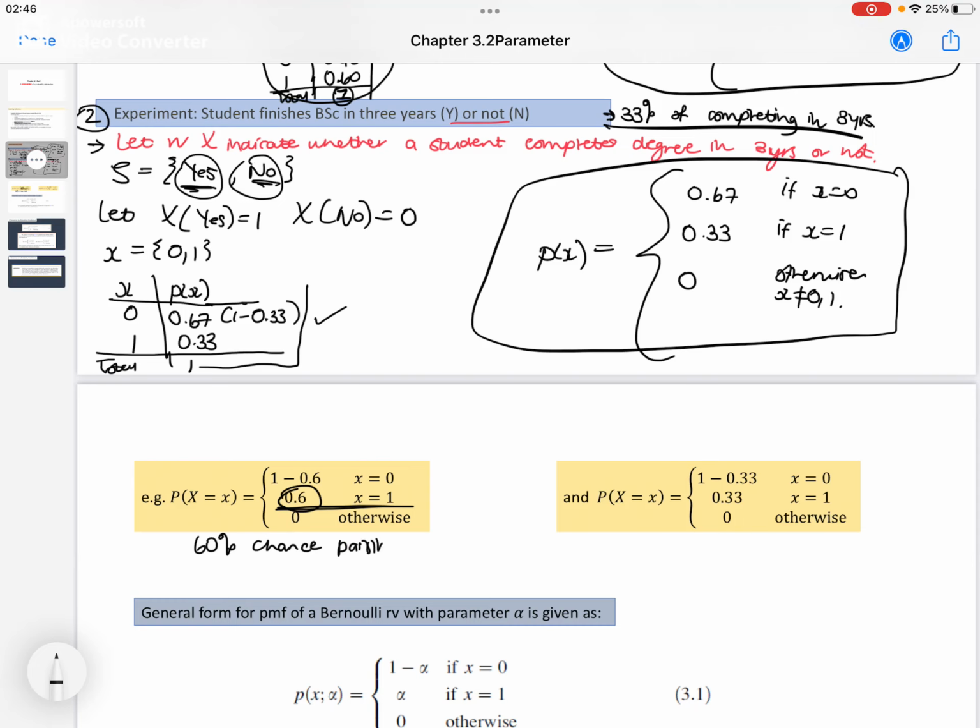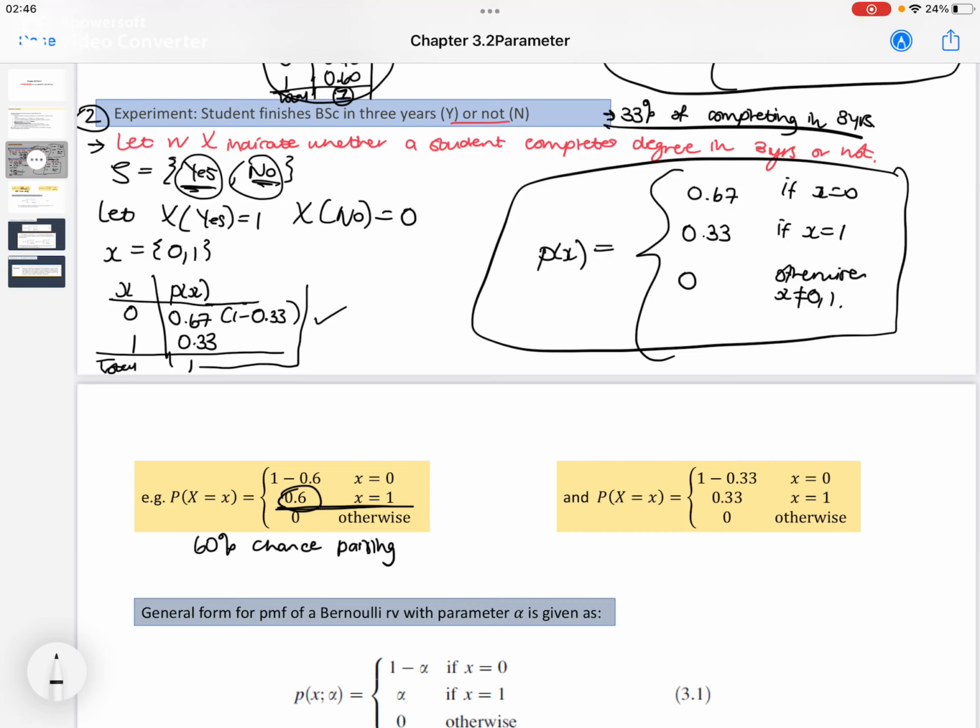Since we have two possible outcomes, 0 or 1, we know that the probability of observing one of the possible values of x is equal to 1 minus the probability of observing the other one, right? So if we have the probability of one outcome, it means that you automatically have the probability of the other outcome. Since there could only be two outcomes for a Bernoulli random variable, it's either a yes or a no, true or false, or x equal to 0 or x equal to 1.